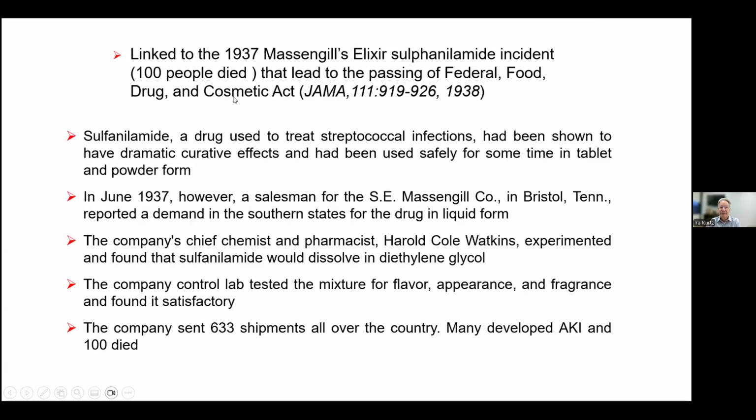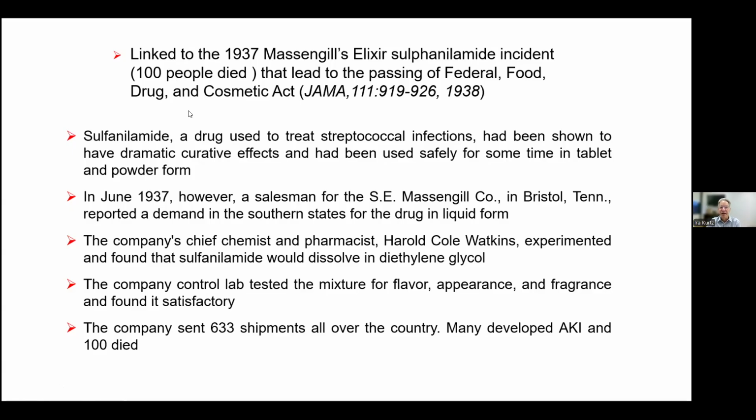And it's interesting because it's linked to this incident that occurred in 1937 that was actually written up in JAMA in 38, where it was called Messingill's elixir, the sulfanilamide incident, where 100 people actually died, and it led to the passing of the Federal Food, Drug, and Cosmetic Act. This was one of the main motivators of this act.